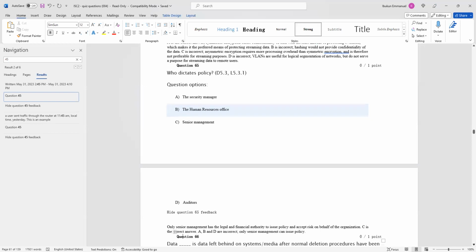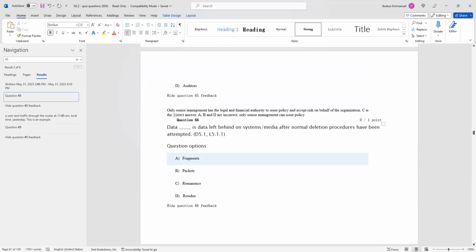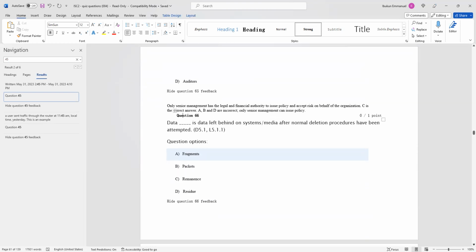Okay, let's go down and take a look. What is the rest of the data that is left behind after normal deletion procedures have been tried?